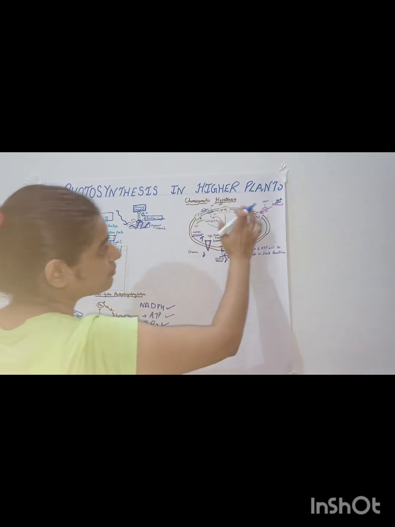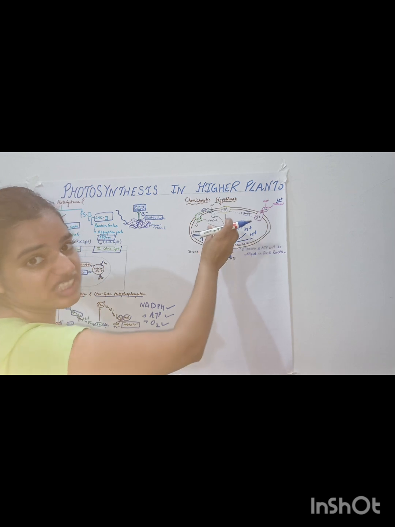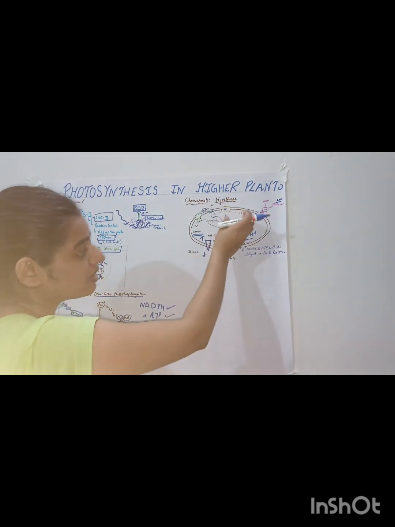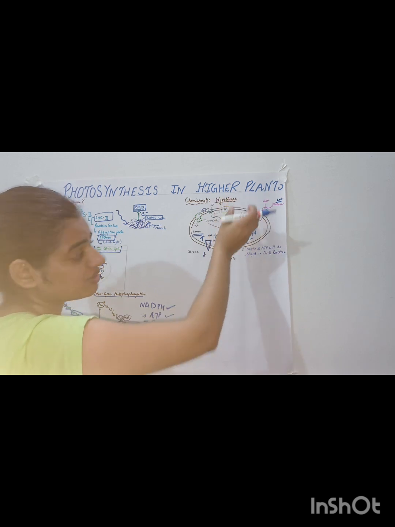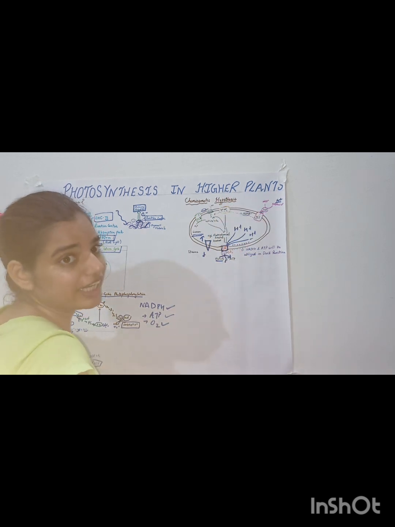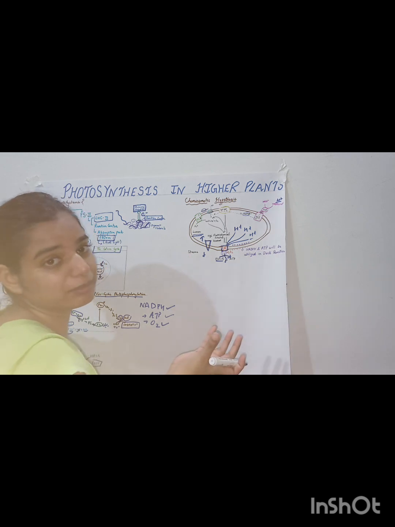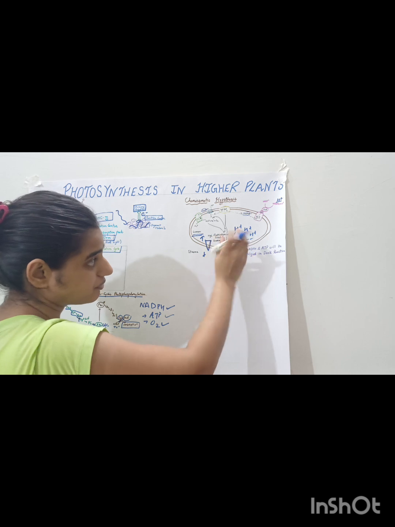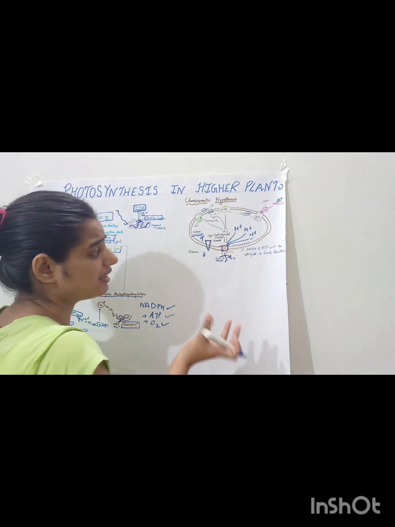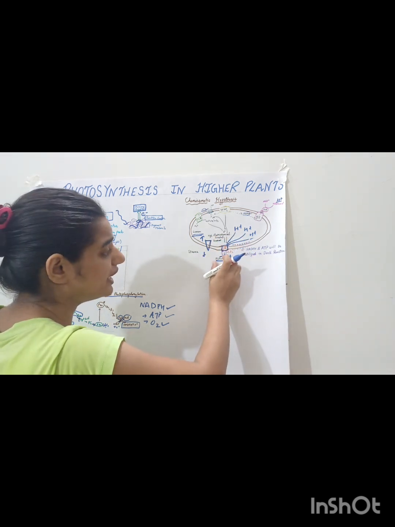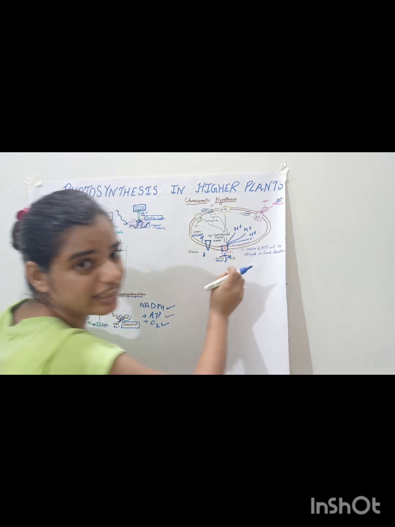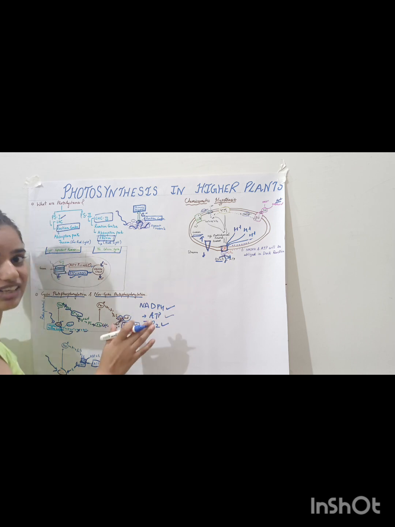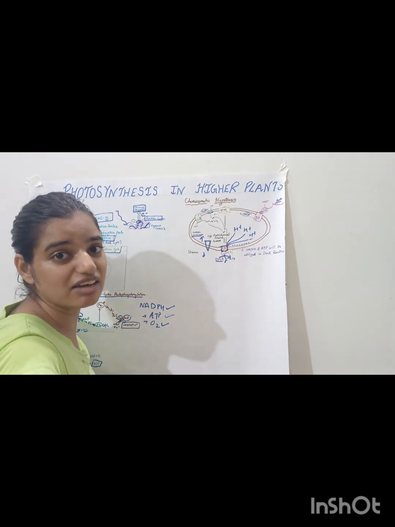And ATP is formed when the proton gradient and electrochemical gradient are generated, and then the protons move from high concentration towards low concentration through the ATP synthetase. Rotational movement occurs in the ATP synthetase, which leads to the generation of ATP from ADP. So these three products are then utilized in the dark reaction, that is, in the Calvin cycle.